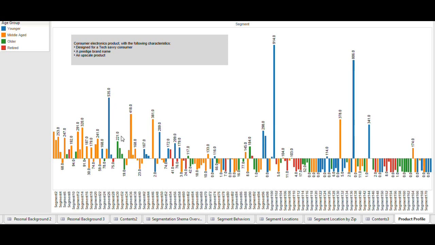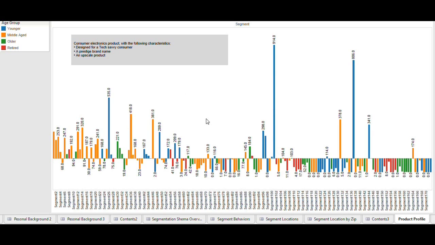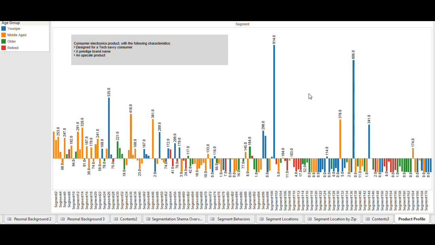Other people, some that are middle aged, like segment 36, are also indexed pretty high on that specific product. And there are other segments that index pretty low on that specific product. There are segments that have an index of 0, and so it's very unlikely that they purchase that specific product. So the consumer profile is a key ingredient, and it's a starting point to developing a lot of the consumer segmentation schema analysis.